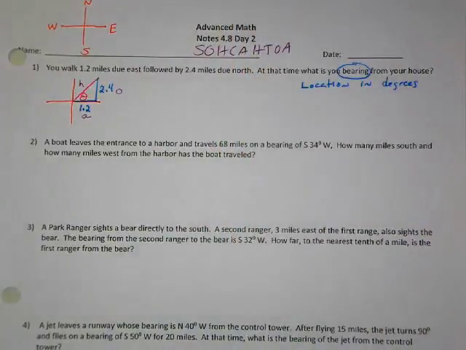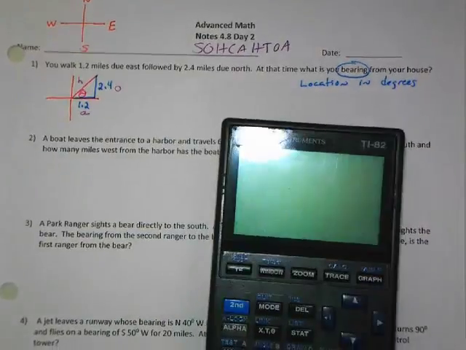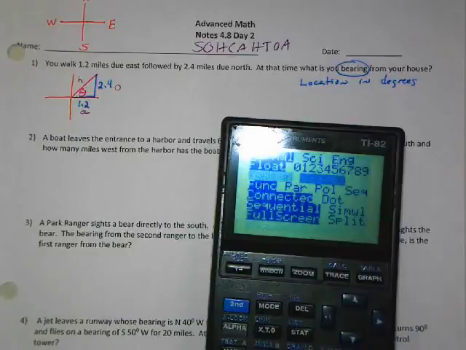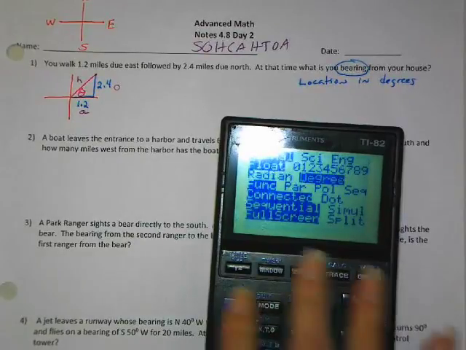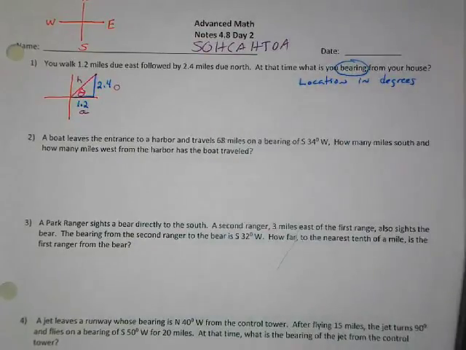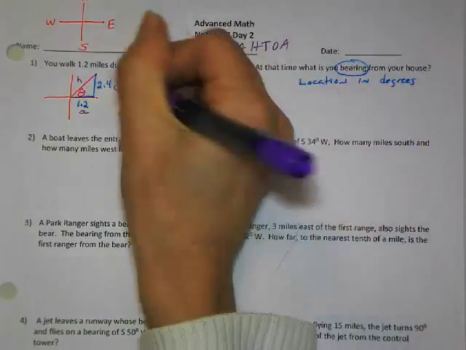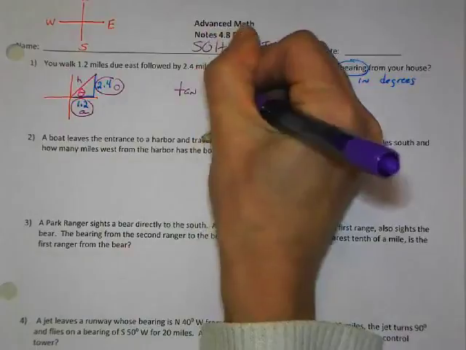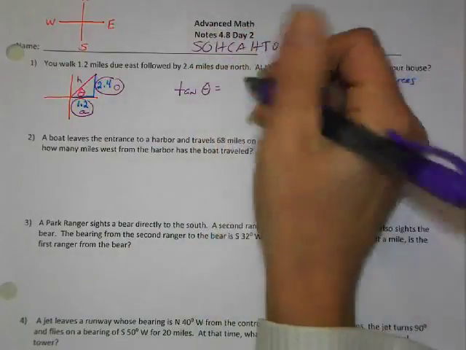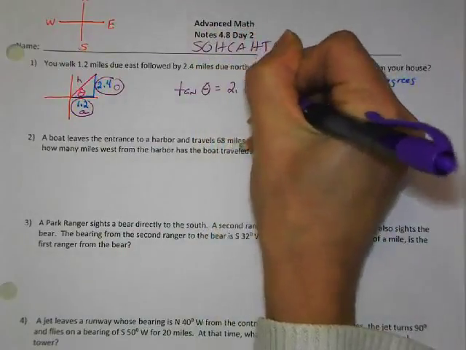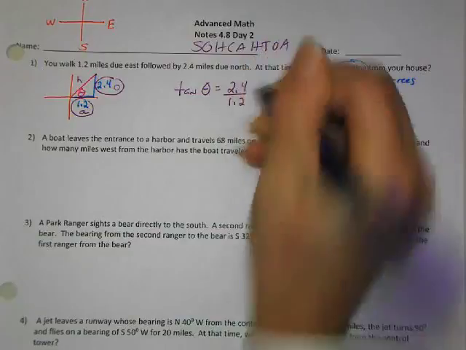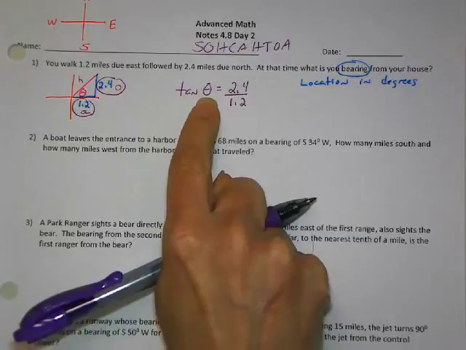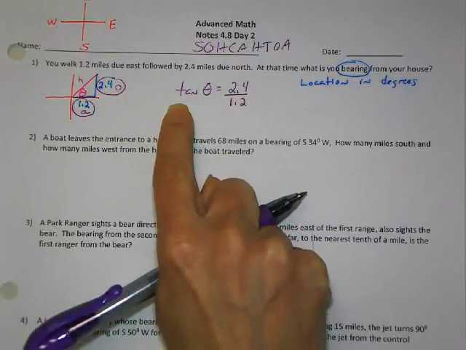One thing I want to make sure you do is grab your calculators. If you aren't in degrees, you should be from yesterday, but just double check that you're in degrees. Alright, so I have an O and an A. The tangent of theta is equal to 2.4 over 1.2. Now when you're looking for an angle, to isolate theta you would divide by the tangent.